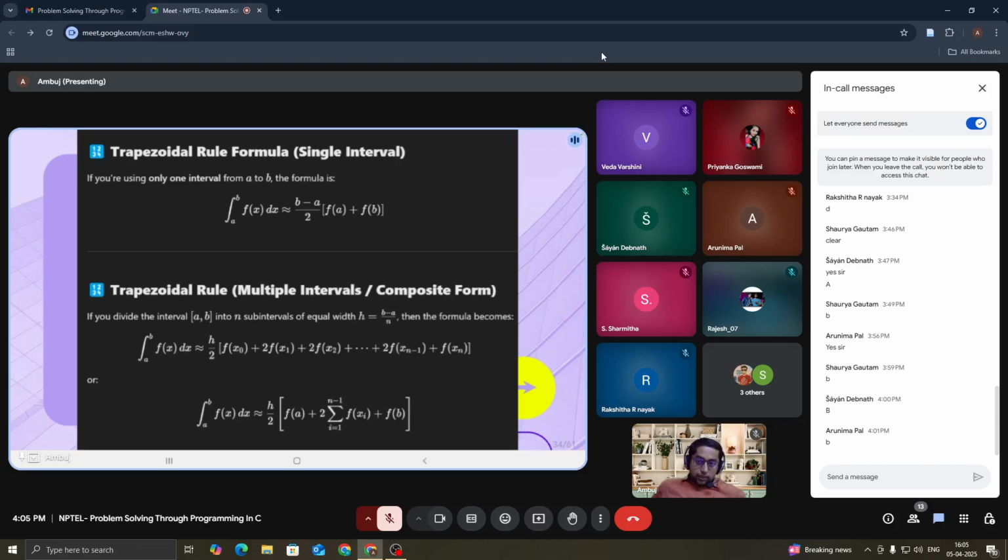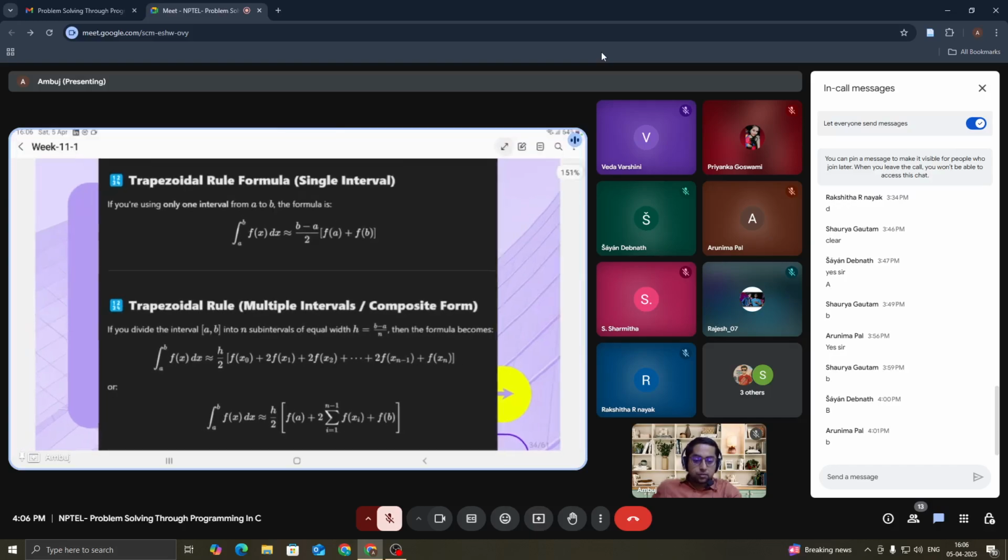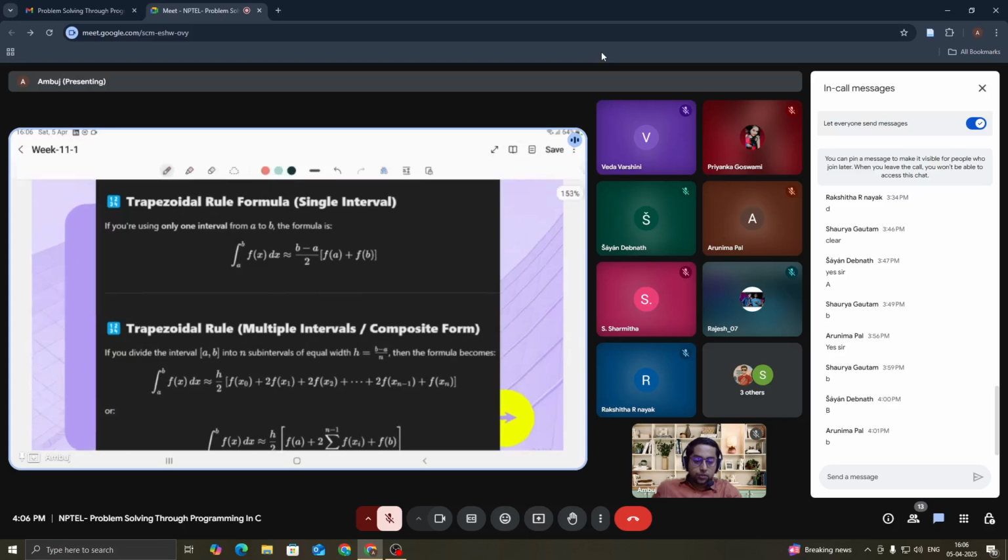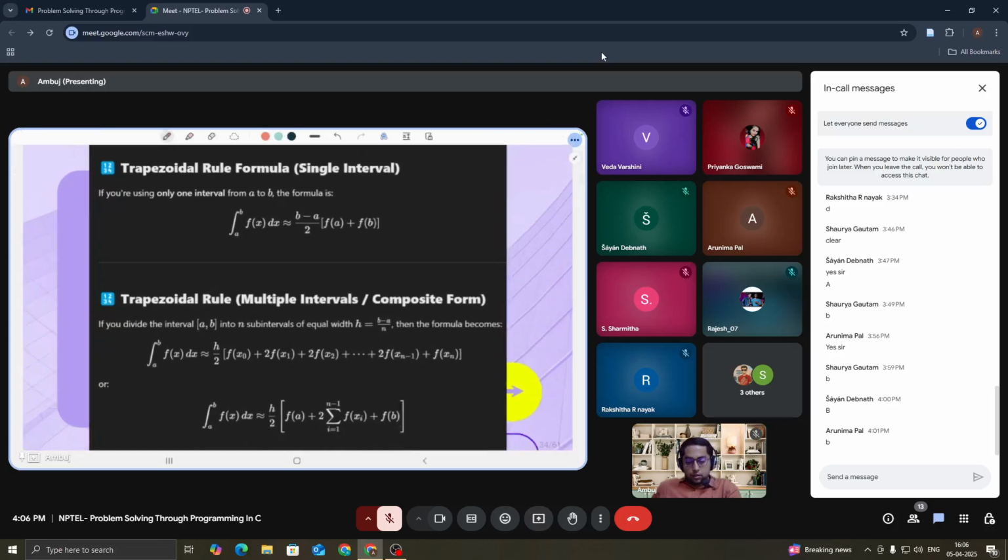The only terms which are getting added are the middle terms: 2 times f of x1, 2 times f of x2. Rest everything is same. These terms only are getting added up to 2 times f of xn minus 1.